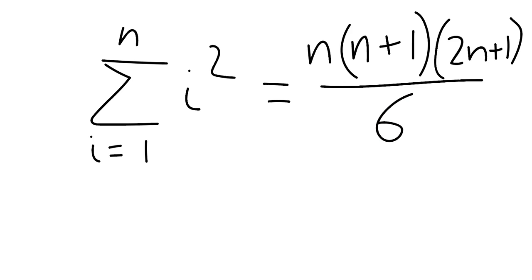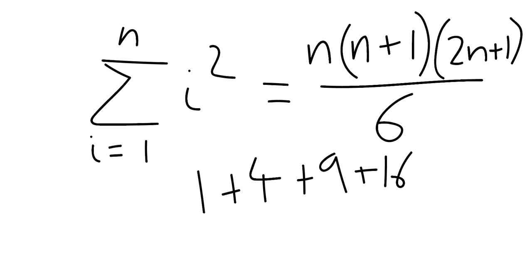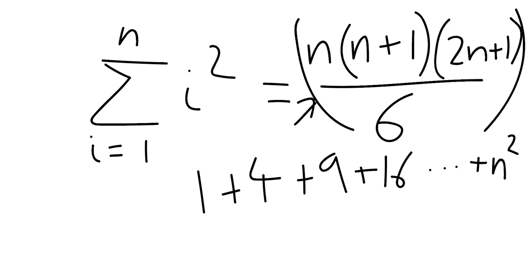So this is summing things like 1 plus 4 plus 9 plus 16 and so on, all the way to n squared. So this formula gives you that summation. And if you were in an exam, maybe if you had access to a cheat sheet, this is something you might want to remember or write down.